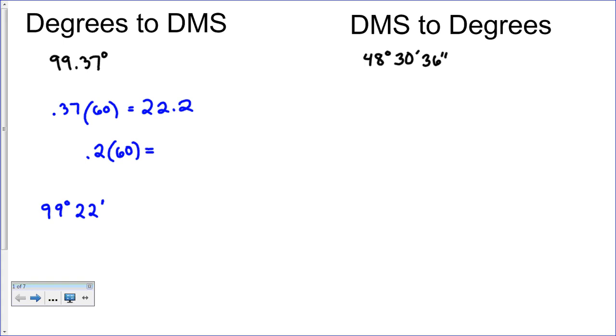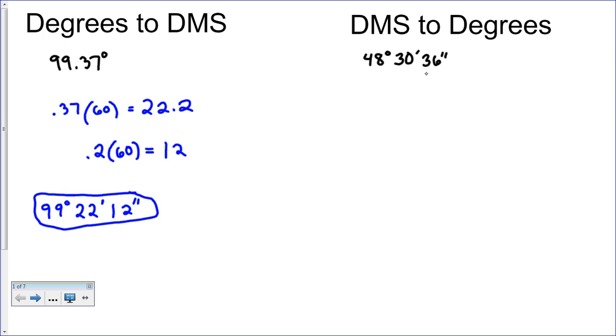So 0.2 times 60 is 12. So down here in my answer, I put that as 12 seconds. And that would be my answer if I'm converting from degrees to degrees, minutes, seconds.